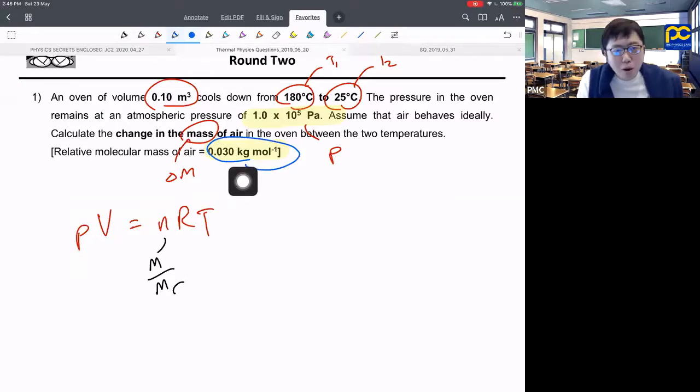Sometimes they call it molar mass. Sometimes they call it RMM, relative molecular mass. Sometimes mass number. So this number really has too many different names already. Okay, now this is the Mr.